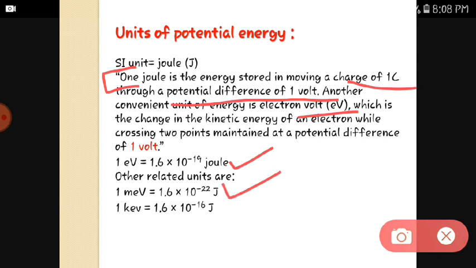If it is given as 1 milli electron volt, that is 1.6 into 10 to the power minus 22. And if it is 1 kilo electron volt, it is 1.6 into 10 raised to minus 16 joule. These are used for the numerical purpose, so you have to know all these conversions between electron volt and joule. We are going to use this in all the application part, which is the numerical part.